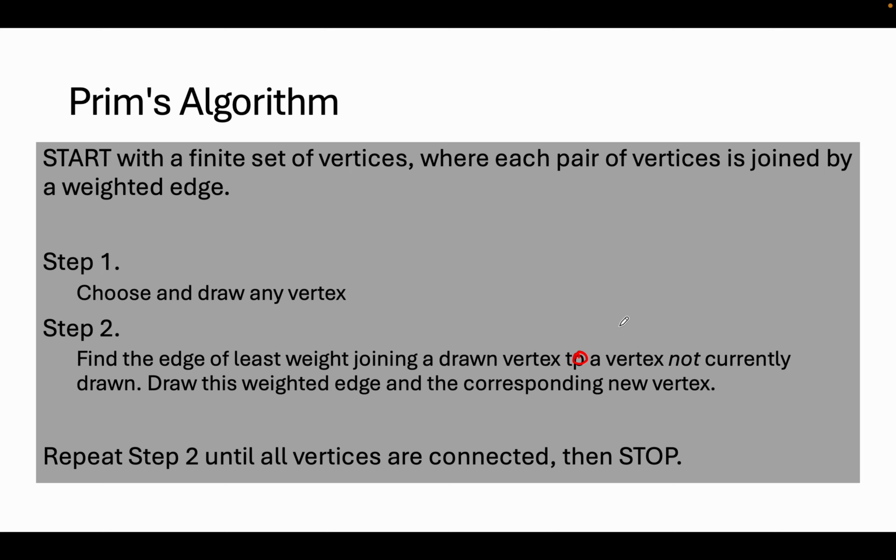So basically we're building up the tree still, where we have our tree in progress and there's multiple possible edges, and we choose the least weighted edge of all the possible ones, as long as it's not going to create a cycle. So we choose the least weighted edge, draw that, and repeat until it's all connected.